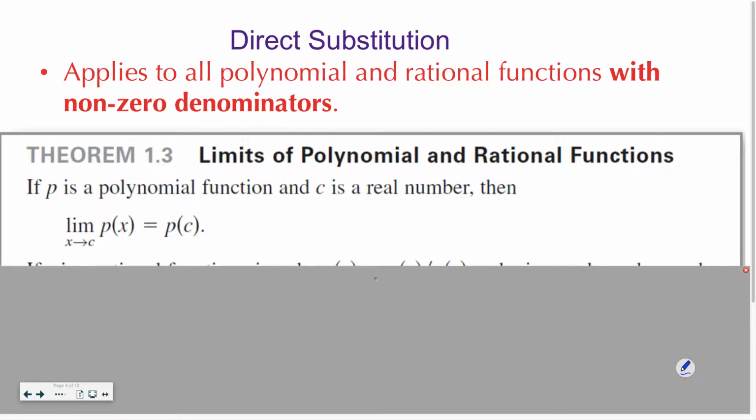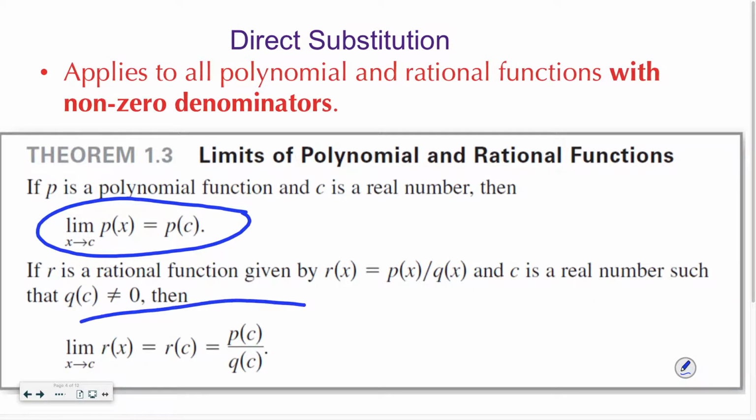But basically what's happening is whatever we have for a limit, we take that C value and we plug it into our function. I've been talking about that with our basic limits, but now this is applying to any polynomial or any rational as long as we're not dividing by 0.